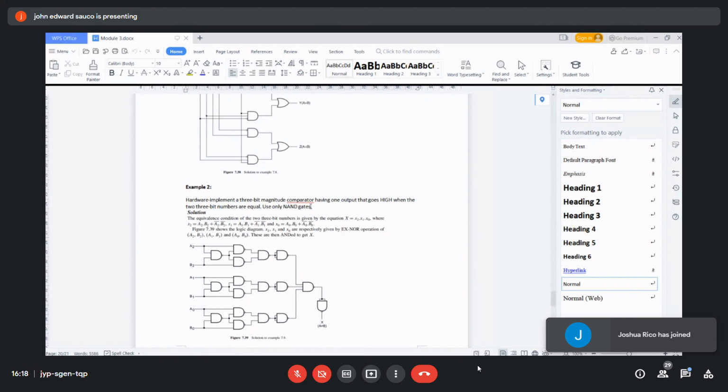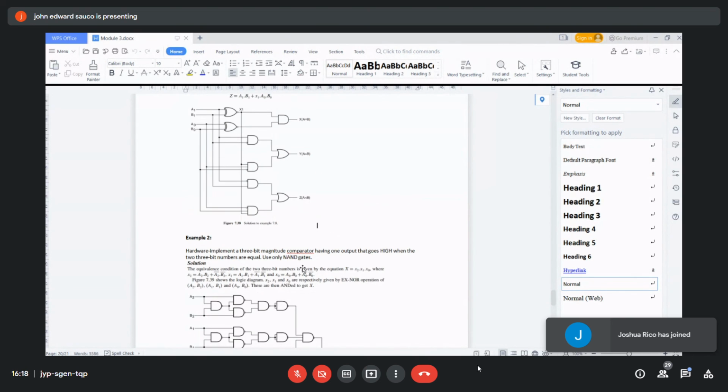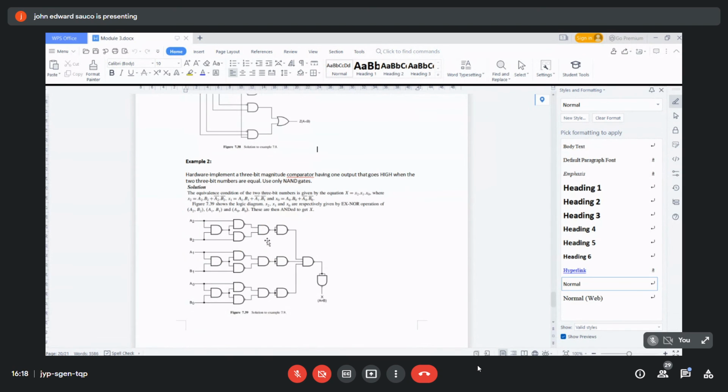Pero, siya is naka-NAND gates only. So, kung iisipin nyo, yung ating XOR is ito. Ito yun. XOR. Okay?